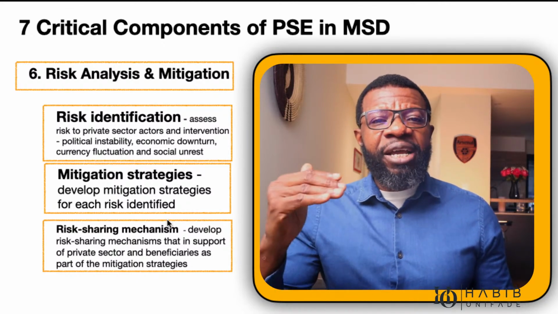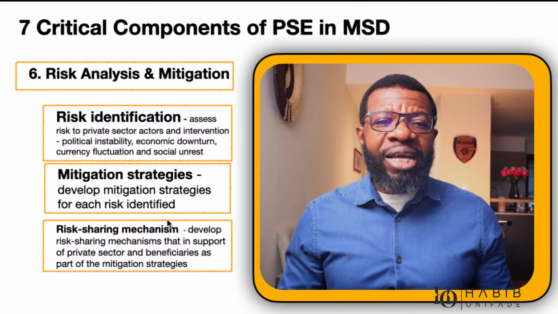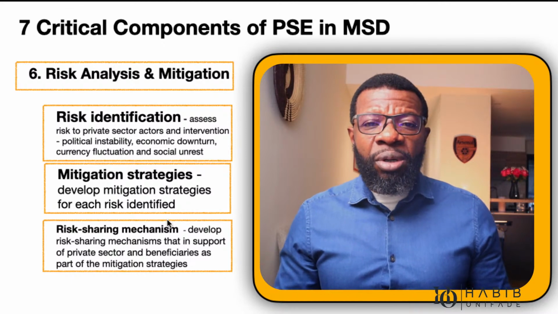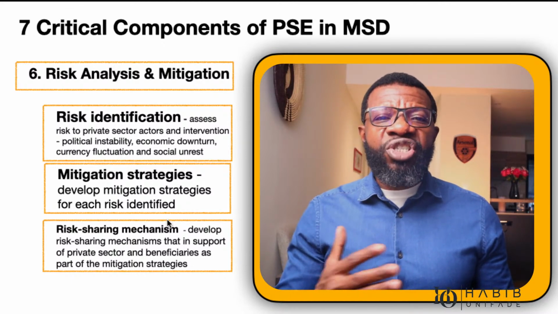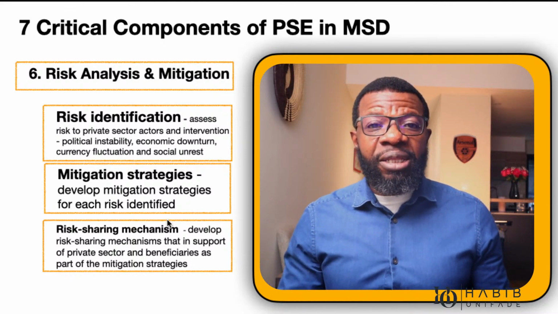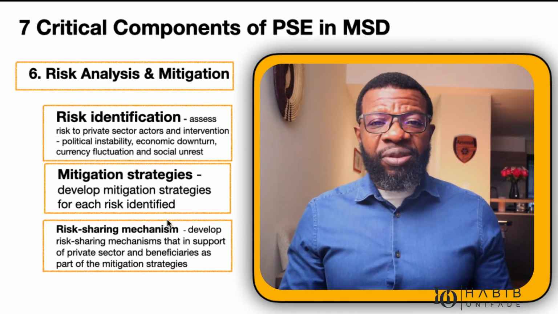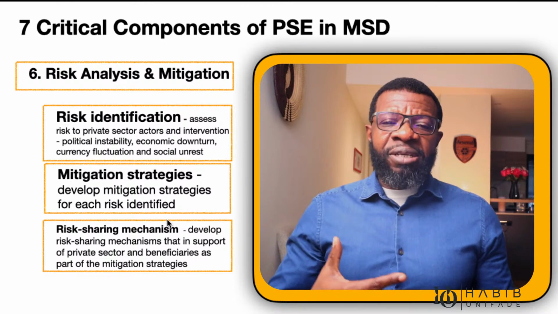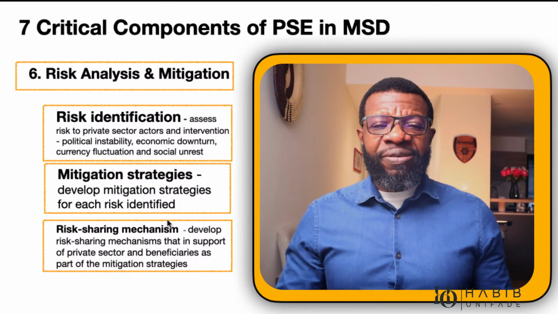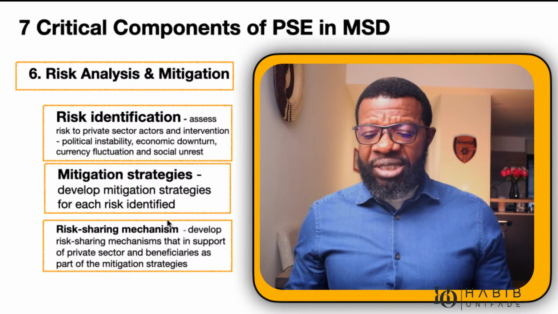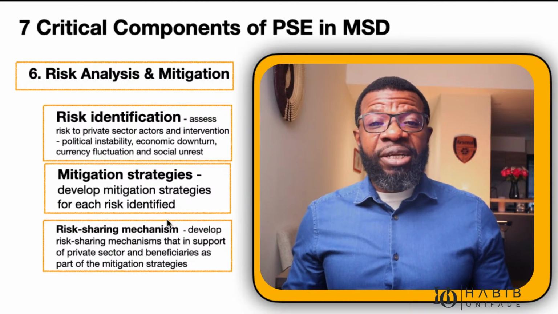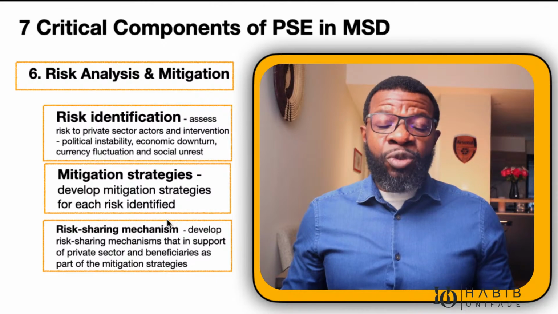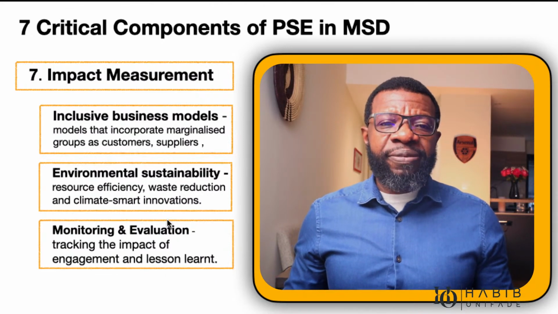We need to be very clear on those things and then spell out exactly what our mitigation strategies will be for those things. And how do we share this risk with the private sector actor we want to partner with? That's especially important because that will form part of the interest or incentive for the private sector to join us and be sold on the intervention we're planning.